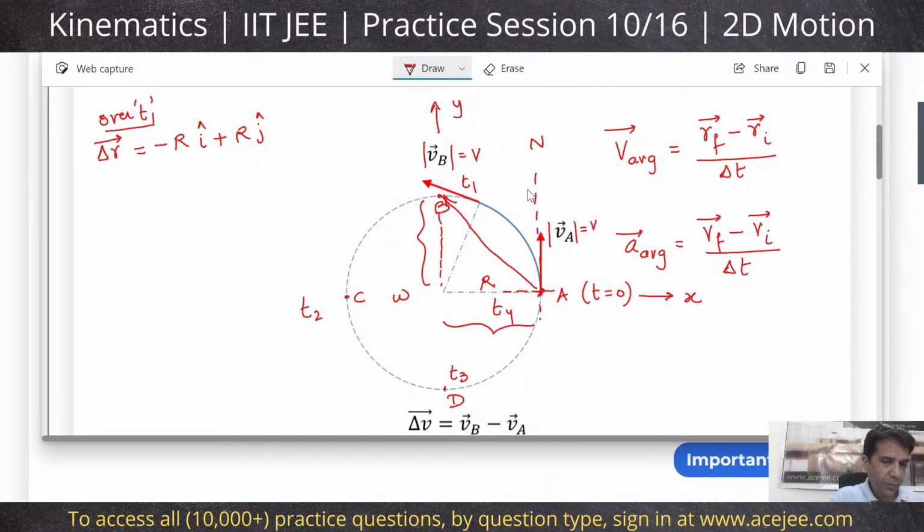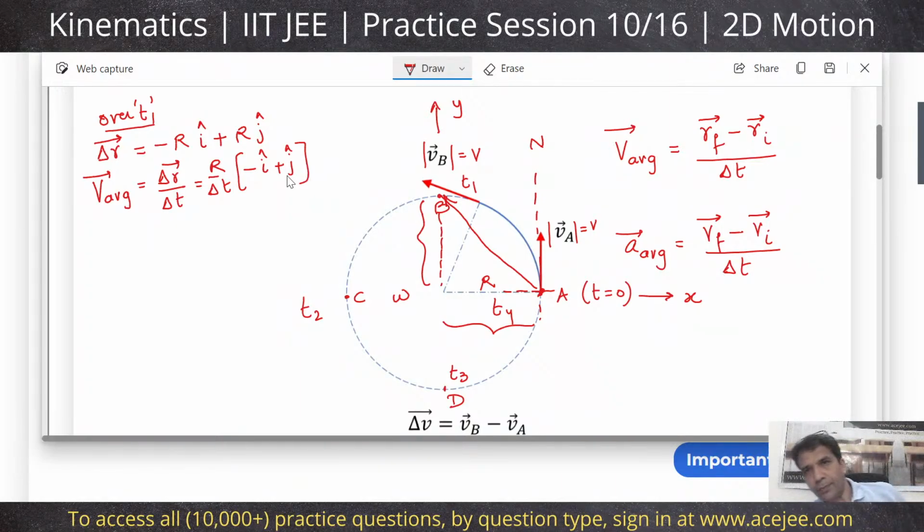Yes, sir. So the average velocity would be delta r divided by delta t. This will be r over delta t times minus i cap plus j cap. Simple, straightforward. Yes, sir.